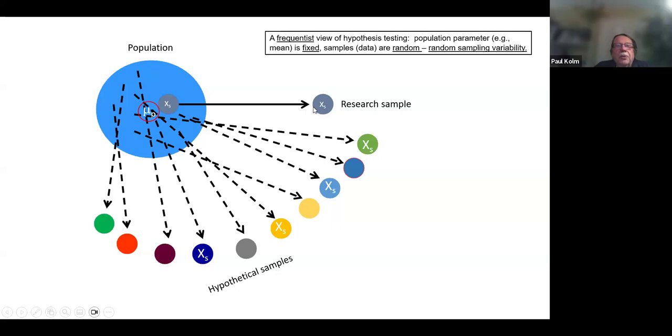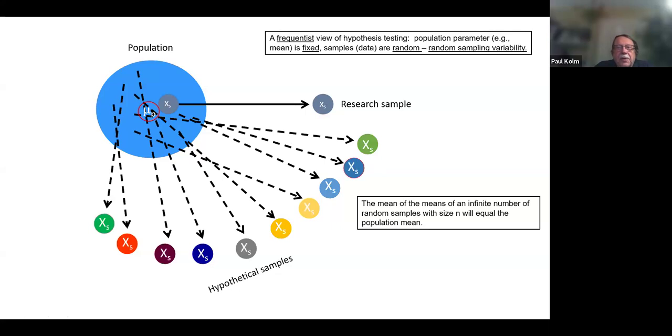So we draw a research sample to estimate this population mean. From a theoretical standpoint, we could draw an infinite number of random samples from the population, and the mean of the means of these random samples will equal the population mean.